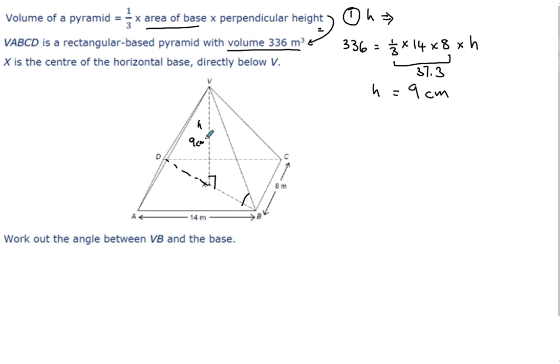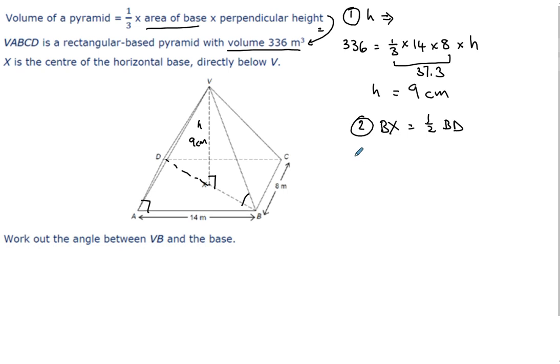Yeah? Okay, now let's find the diagonal. So you can tell that, again, it would be a right angle triangle there. Yeah? So those are your two shorter sides, and that's your hypotenuse, and I'm not going to call it H again. Yeah? So we've got the diagonal BD. Okay, so we know we're trying to find BX, and we know it's going to be half of BD.